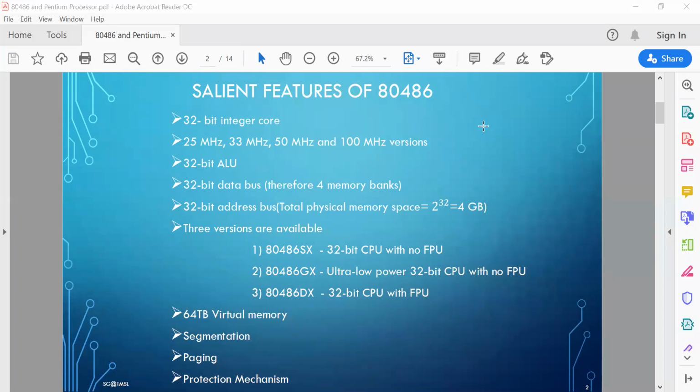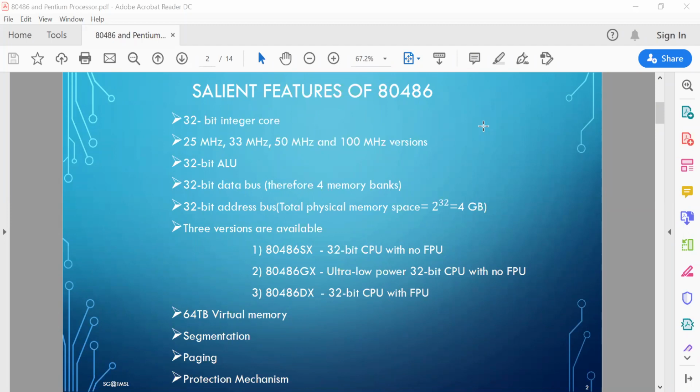As it's a 32-bit processor, it needs a 32-bit data bus to access data bytes, so 4 memory banks are attached, and each bank can store a maximum of 8 bits of data in each memory location.